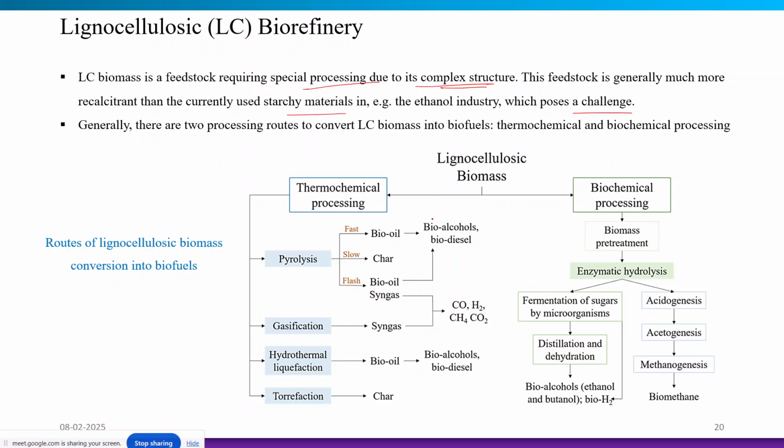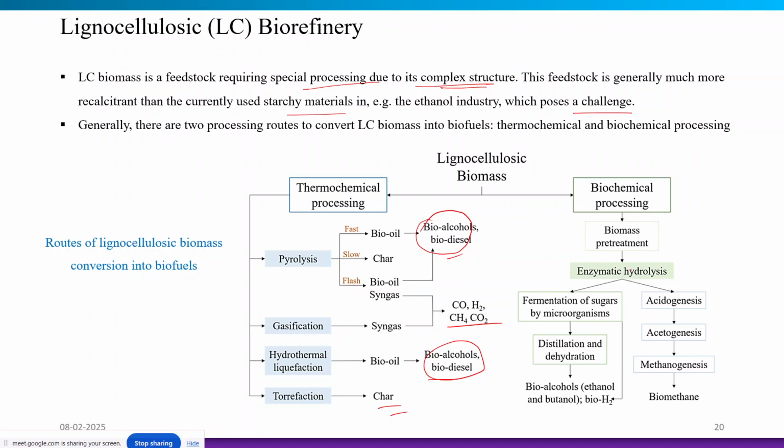From this bio-oil, we are getting a lot of bioalcohols and biodiesel production. Whereas from gasification, we are getting a lot of gaseous fuel production. From hydrothermal processing, we are also getting bioalcohols and biodiesel. And from torrefaction, we are getting mostly solid fuel production.